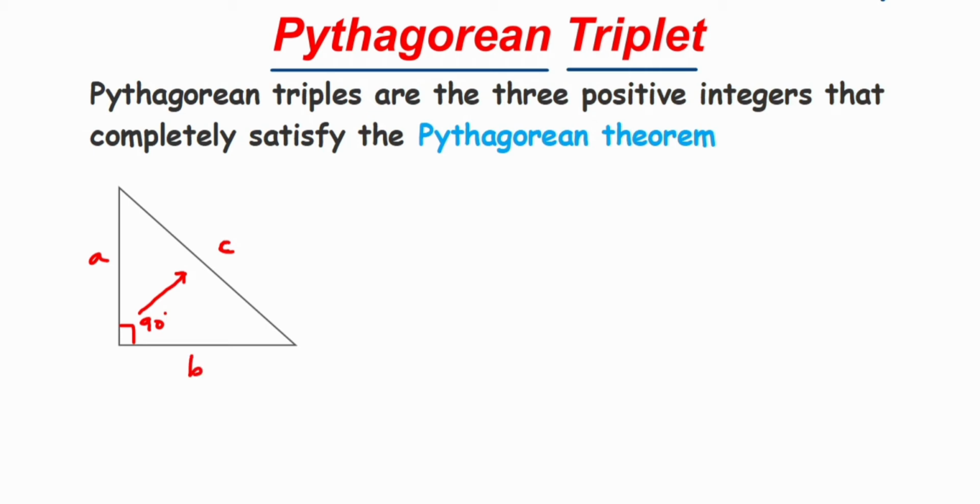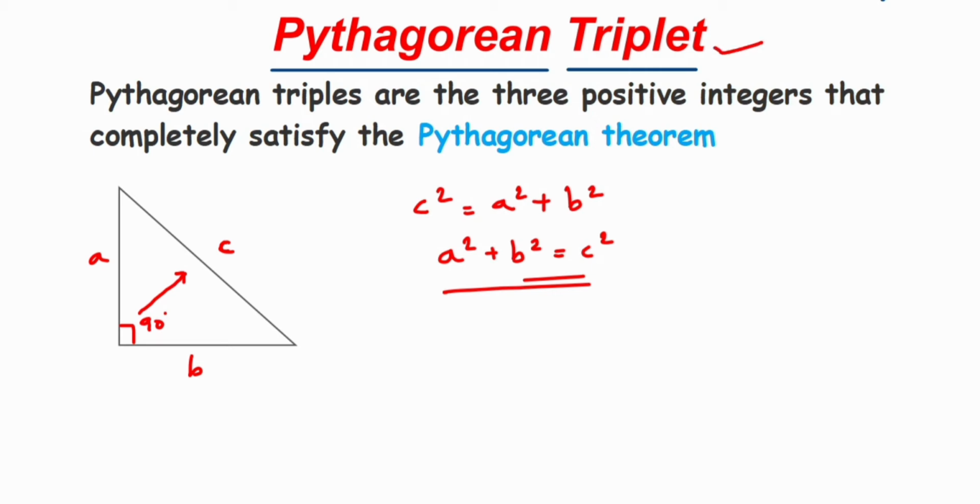So according to the Pythagorean theorem, C square is equal to A square plus B square. I'm just rewriting this as A square plus B square is equal to C square. So any three numbers which satisfy this, A square plus B square is equal to C square, are called a Pythagorean triplet.